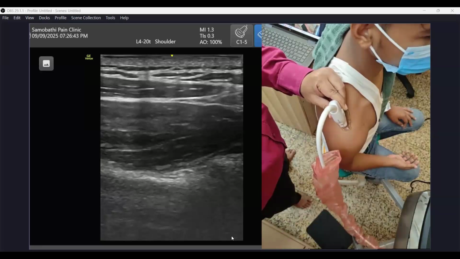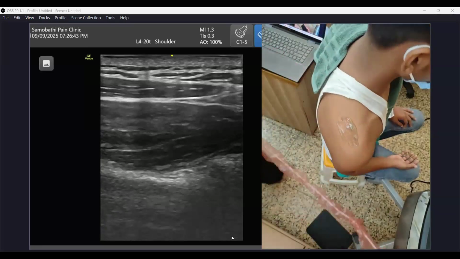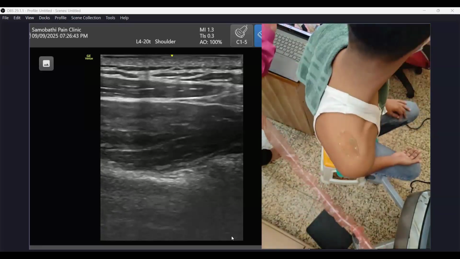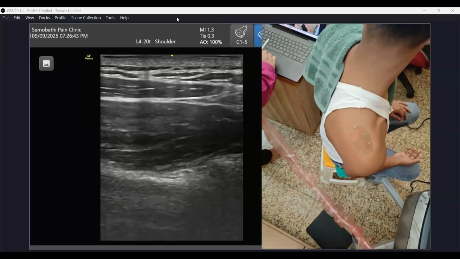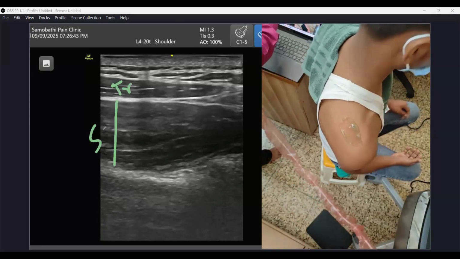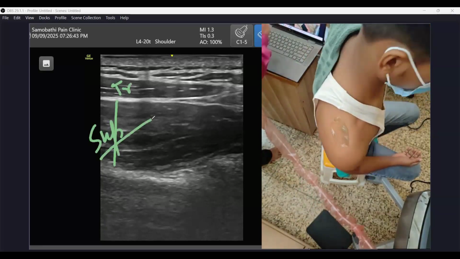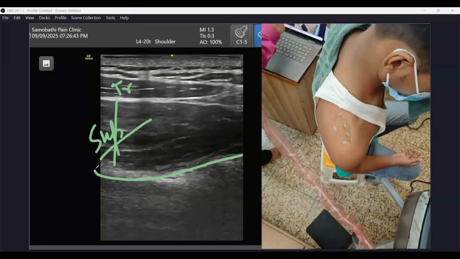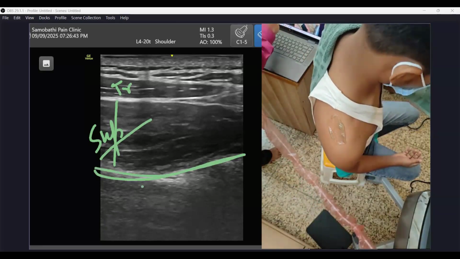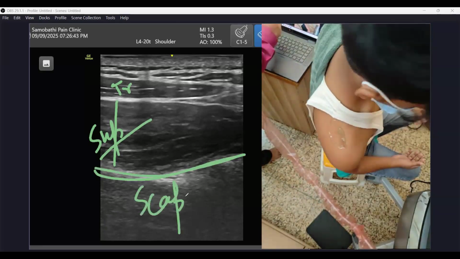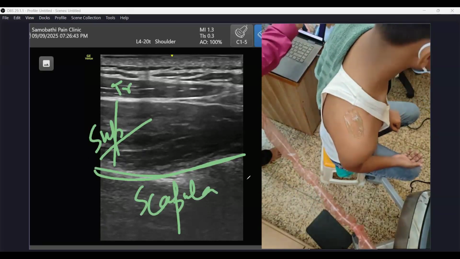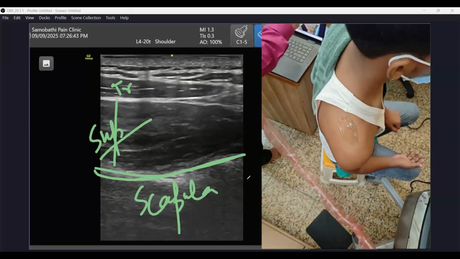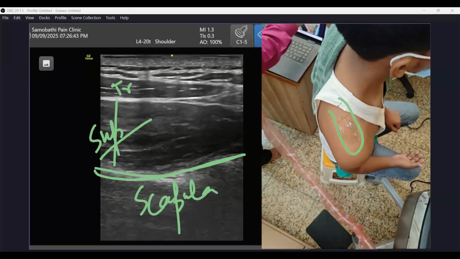Freeze. So I'm seeing the two layers: trapezius, supraspinatus, and this is the bony layer. This bone is the scapula, the supraspinous fossa. Okay, so this side of the scapula.